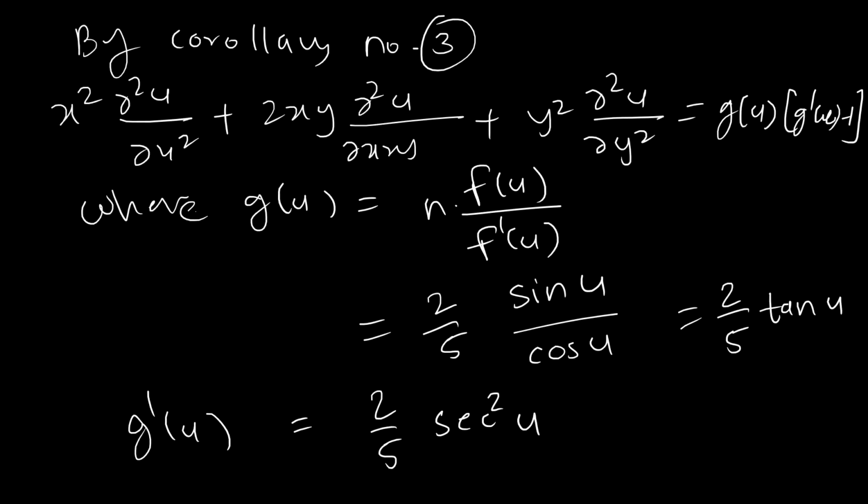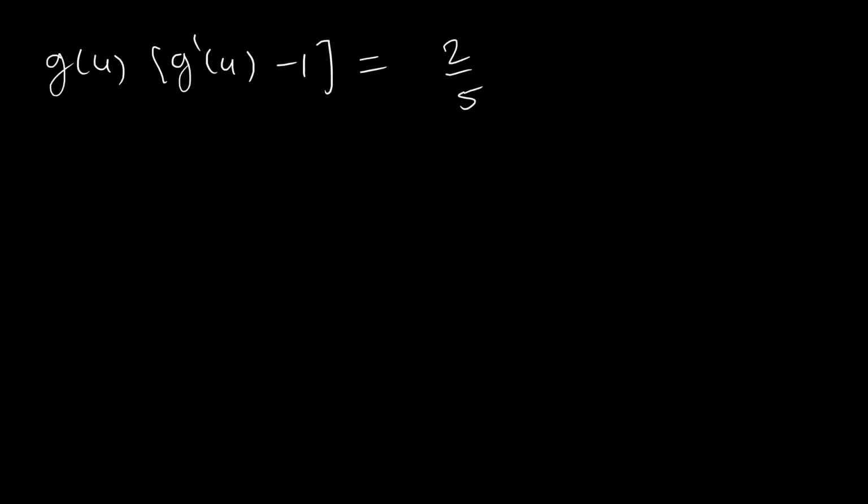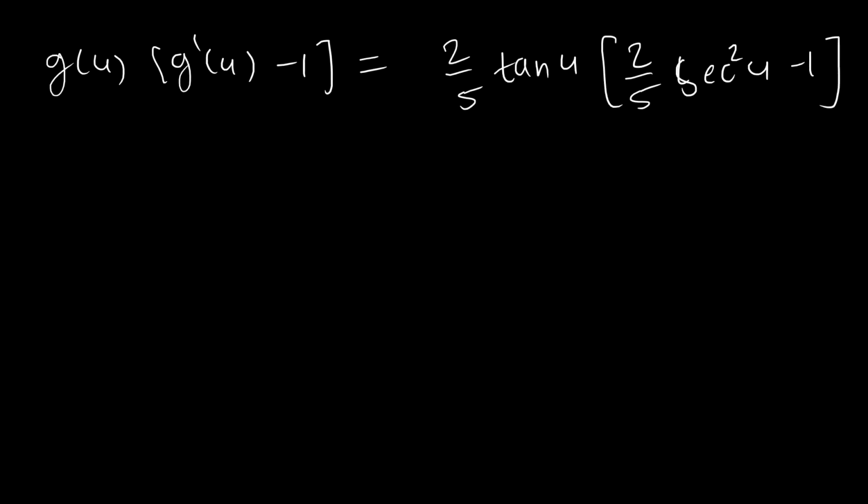So putting this g of u and g dash of u in this expression, let's see what we will get. We'll get g of u into (g dash of u minus 1) as 2 by 5 tan u in bracket (2 by 5 sec square u minus 1). To bring it into the required form, we can use the trigonometric identity that sec square u is nothing but 1 plus tan square u.